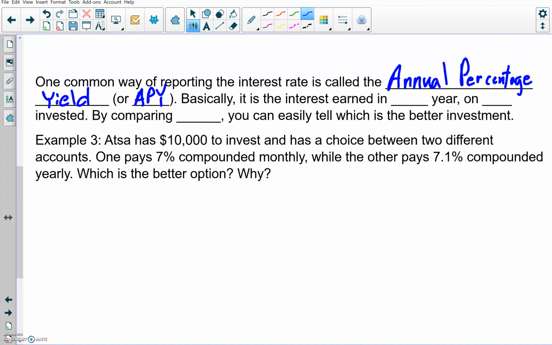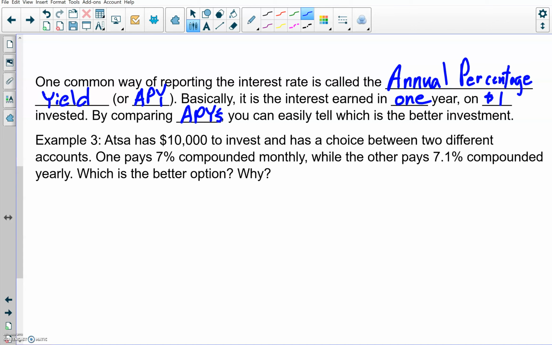So it's really the actual amount that you're truly realizing from the account, the true yield from the account. And basically it's the interest earned in 1 year on $1 invested. So by comparing APYs, you can easily tell which is the better investment.